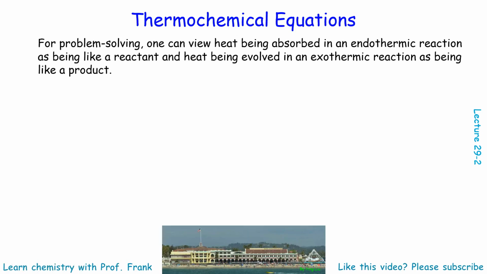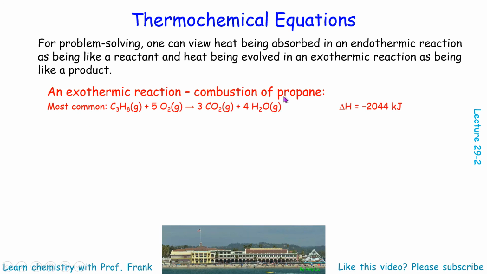Thermochemical equations. This is the combustion of propane. In a thermochemical reaction, you have one more component indicating the heat either released, in this case, or absorbed in other cases. The first part is just the traditional chemical reaction.